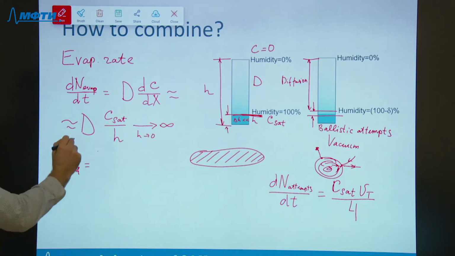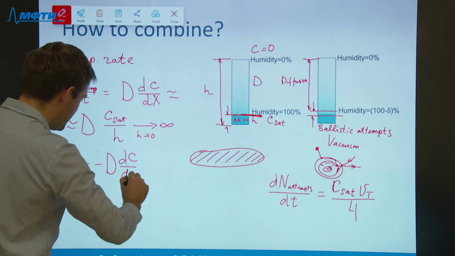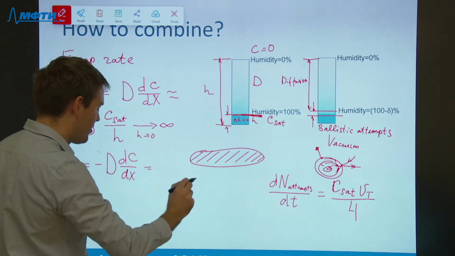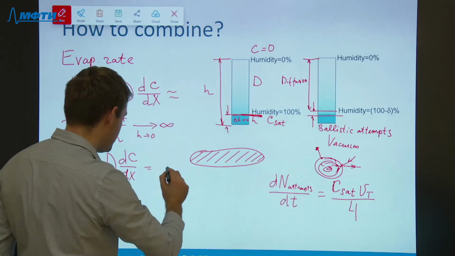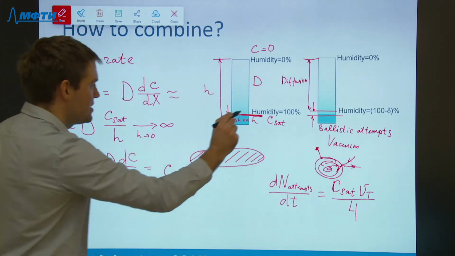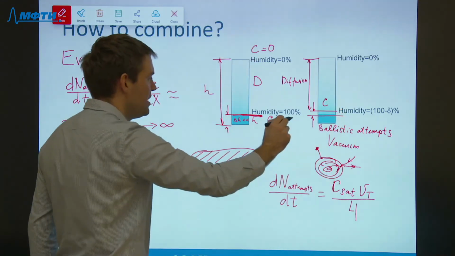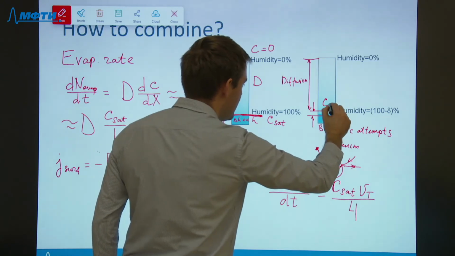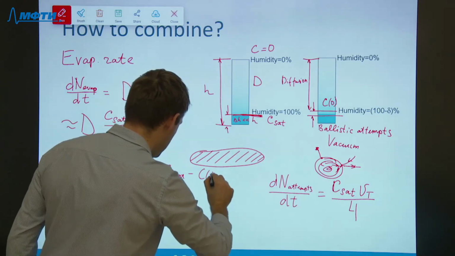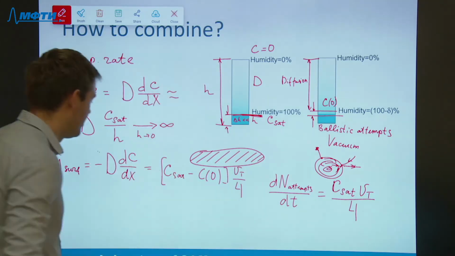When the saturation level is slightly below 100%, it means that the current at the surface can be presented, on the one hand, as the diffusion current in the top section, but on the other hand it can be presented using the ballistic formula: the density of saturated vapor minus the density at the beginning of the ballistic section, which I denote as C0, multiplied by thermal velocity divided by 4.